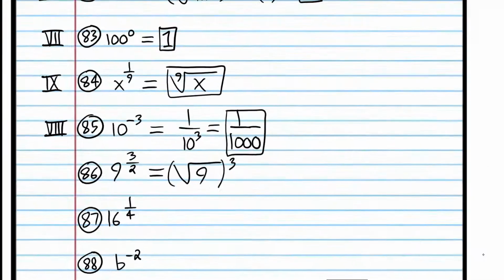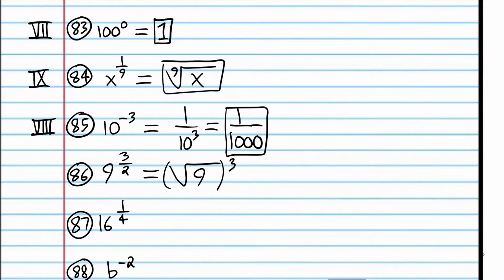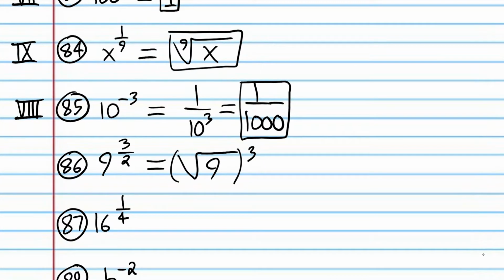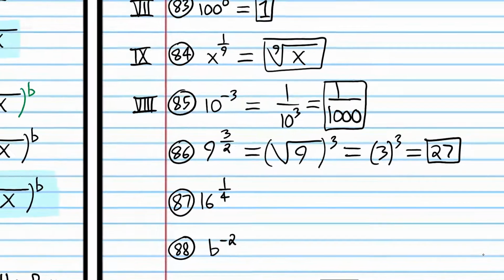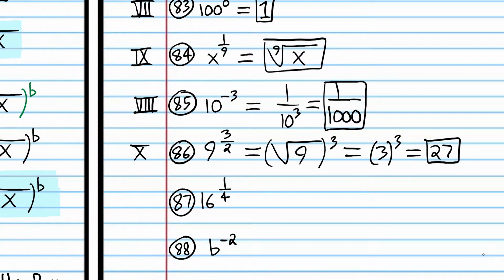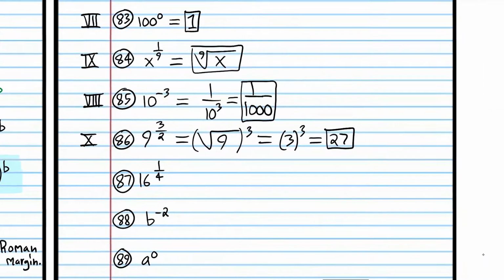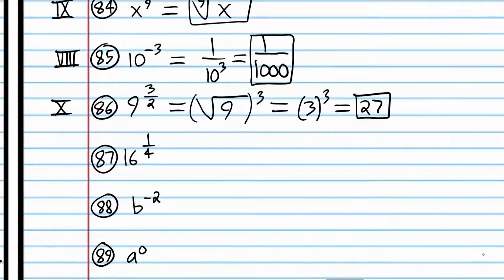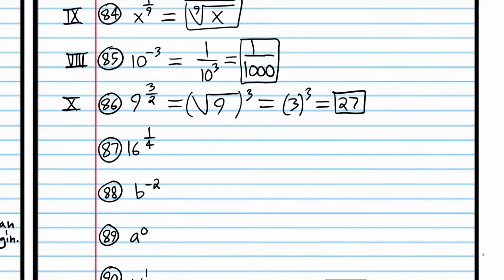So now, what is the square root of 9? Well, the square root of 9 is just 3. And then 3 cubed is 27. So if you got that one right, good job. That is rule number 10.